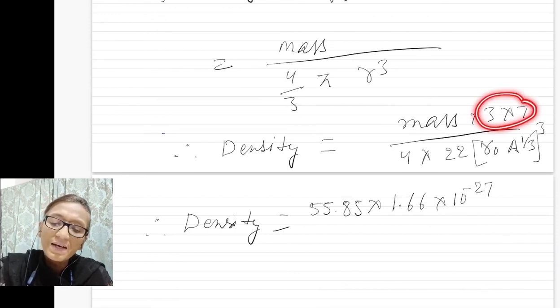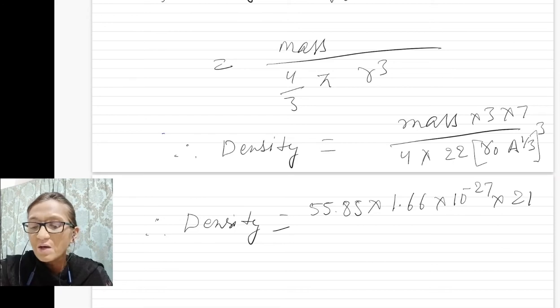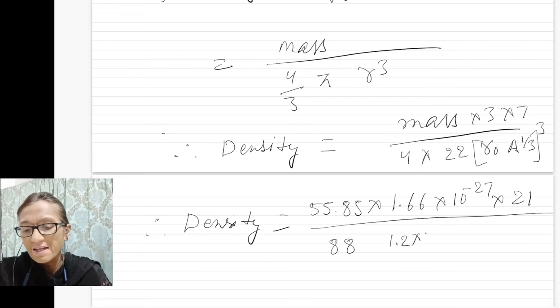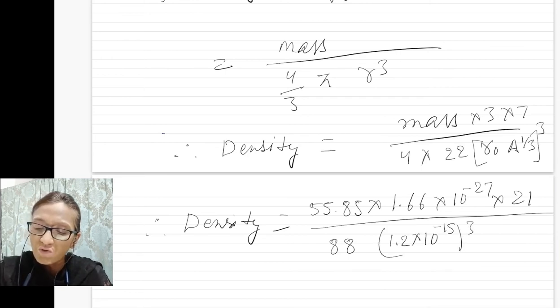And then in numerator you have 3 into 7. So this is equal to 21 divided by 88 into R naught. R naught has value 1.2 into 10 to the power minus 15, whole cube.